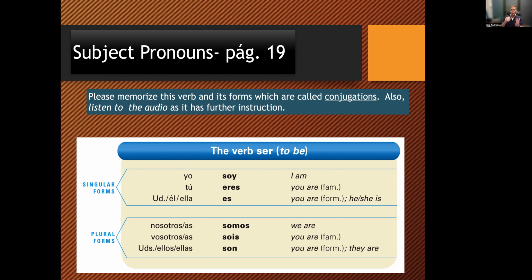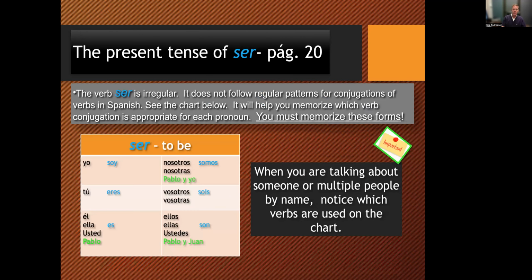Yo soy, tú eres, usted, él, ella es. Nosotros o nosotras somos. Vosotros o vosotras sois. Ustedes, ellos, ellas son. That's the conjugation of the verb ser. Some things to remember is that while ser is irregular, you got to memorize the forms.